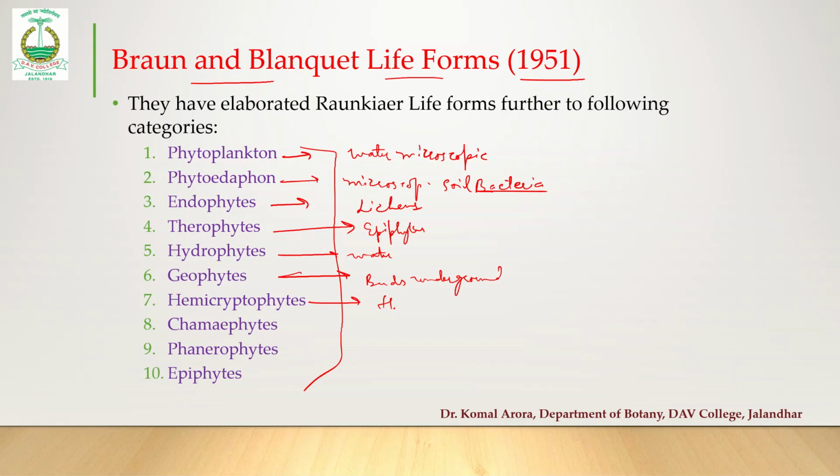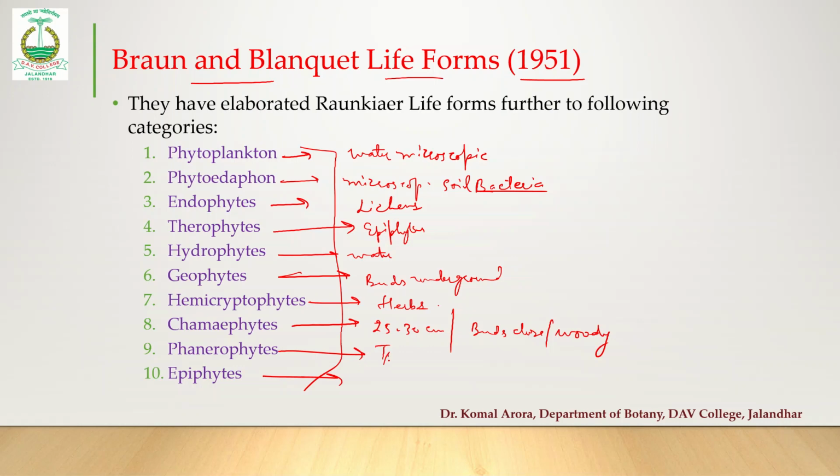Hemicryptophytes, you know, these are the herbs in which the plants have buds close to the soil. Then there are chemiphytes in which the plants have height of 25 to 30 centimeter and the buds are close to soil, but these plants are woody. Then you have phanerophytes and epiphytes. Okay, so these are the categories.